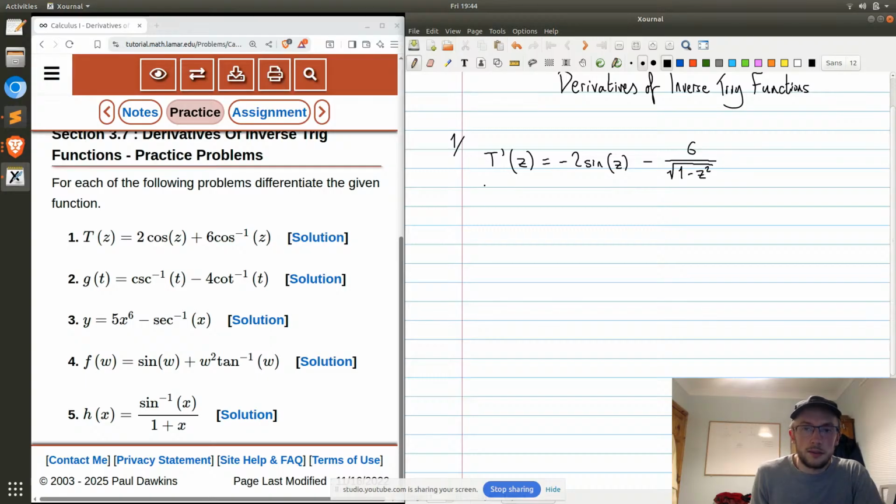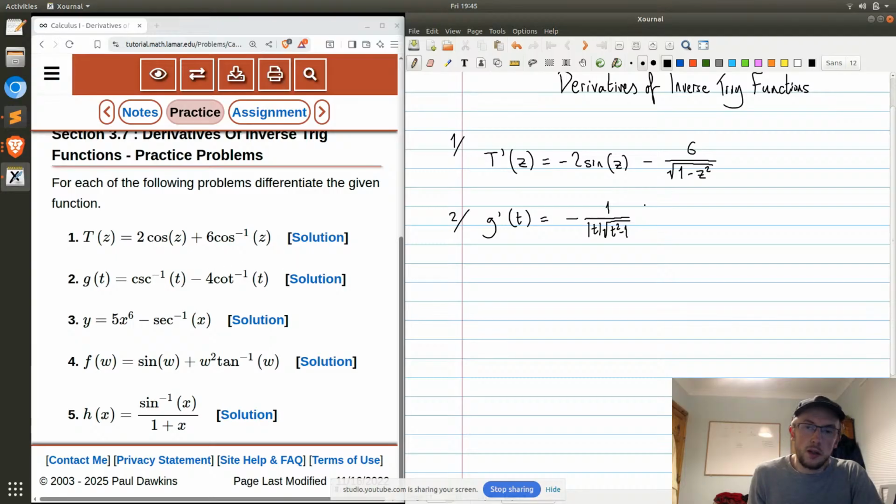Just like that. We'll do the second problem while we're at it. So if g of t is arc cosecant of t minus 4 arc cotangent of t, then what is g prime of t? g prime of t would be that.